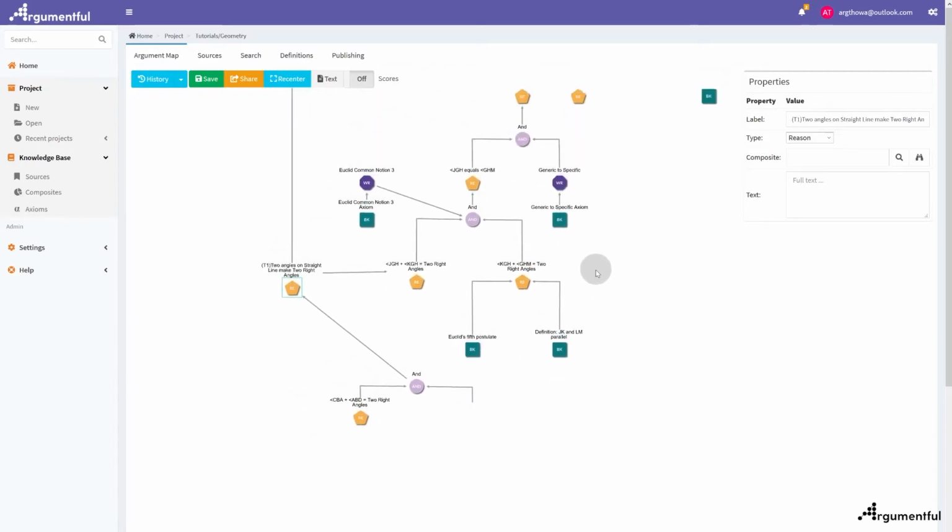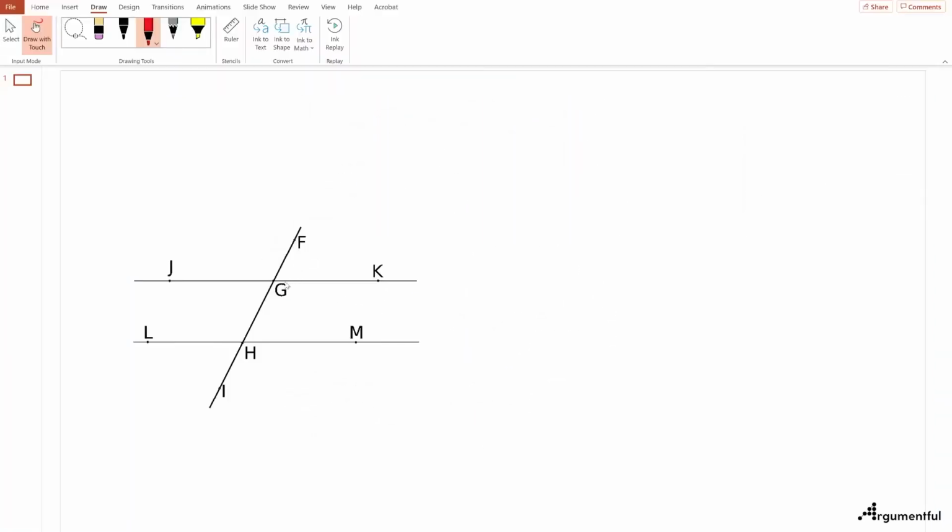Going further, there is one more intermediate theorem we need to prove. Alternate angles are equal. For this, we'll consider the figure below, where JK and LM are two parallel lines, and FI is a line crossing both lines and intersecting them in point G and H respectively.